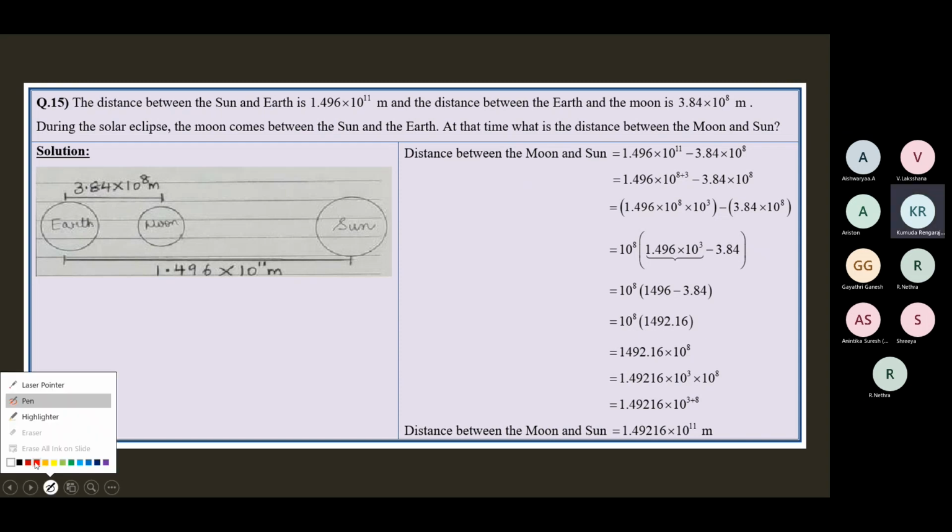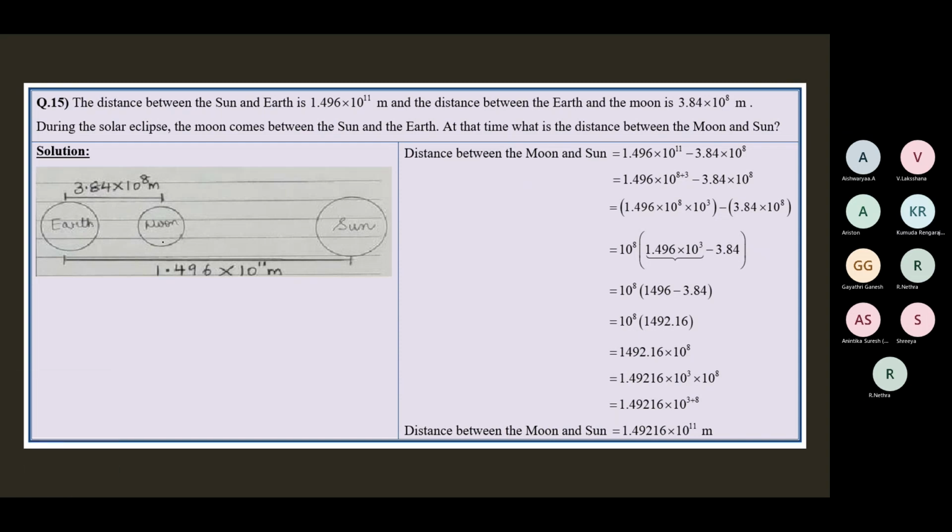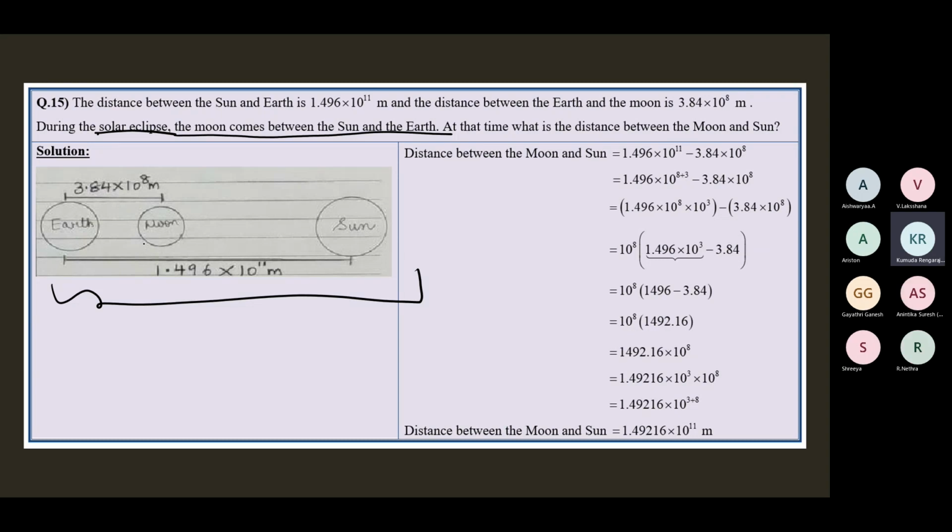You can see here, we know that during the solar eclipse, the moon comes between the sun and the earth. So you can see the diagrammatic representation here: the moon between the sun and the earth.